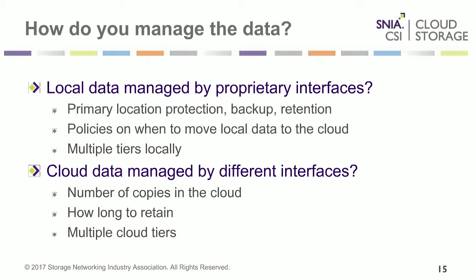So how do you manage that tiering as well? And is it a completely different interface from what you're using locally? So you can see that managing the data becomes a big roadblock, as John has said, to getting this stuff working and then keeping it working in production.